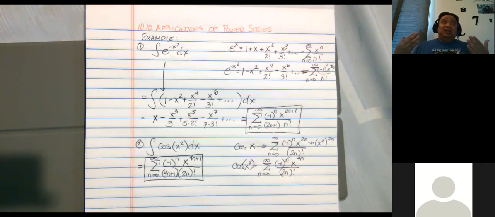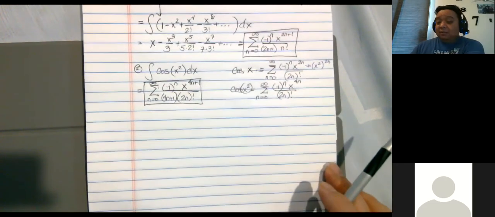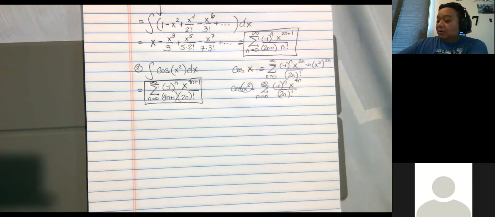The smaller the error you want, the more terms you're going to have to use. The fewer terms you use, the more the error increases. So that all depends on error, which means we have to talk about errors in terms of Taylor and Maclaurin series.